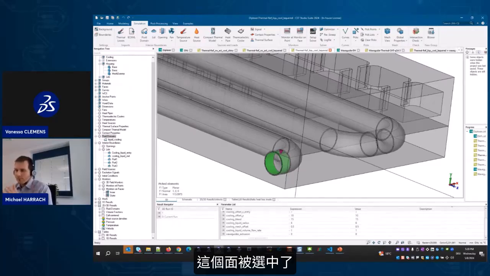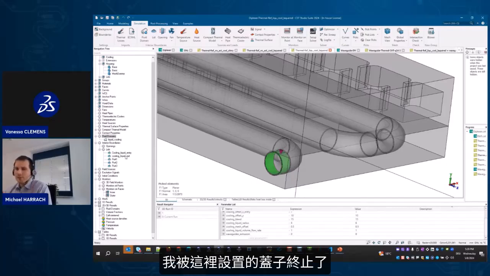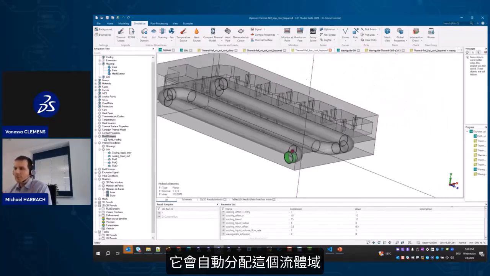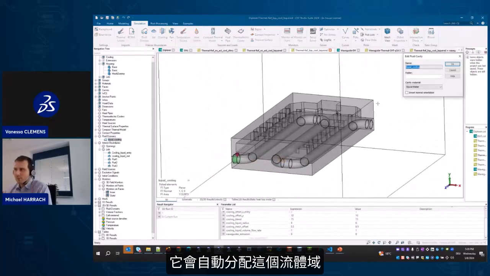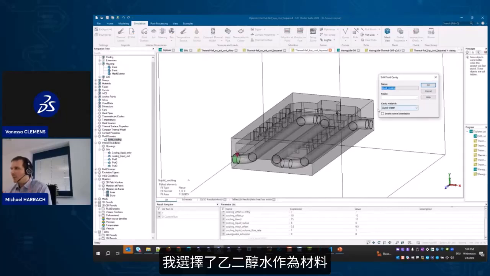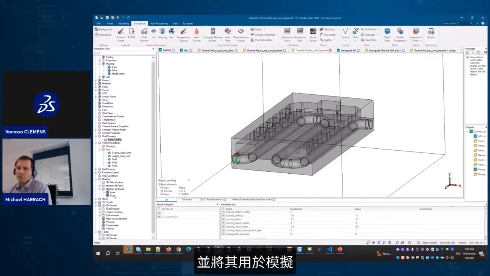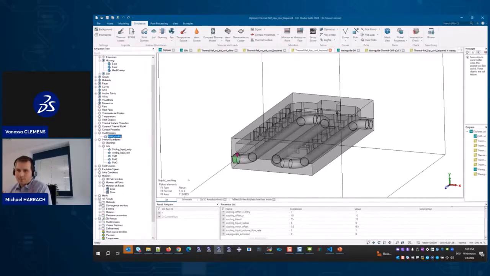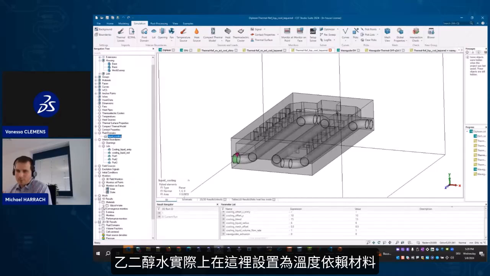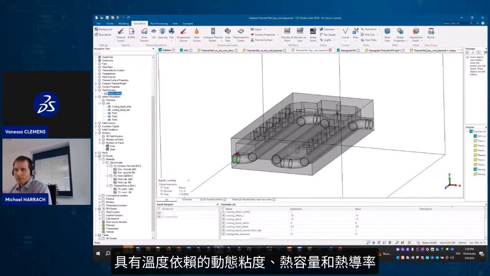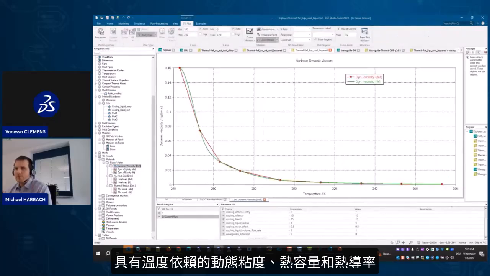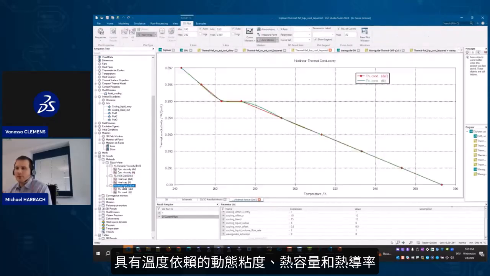I am terminated by the lids that have been set here, and it will automatically assign this fluid domain where I picked the material of glycol water that we can see here and use this for the simulation. And the glycol water is actually set up here as a temperature-dependent material with a temperature-dependent dynamic viscosity, heat capacity, and thermal conductivity.